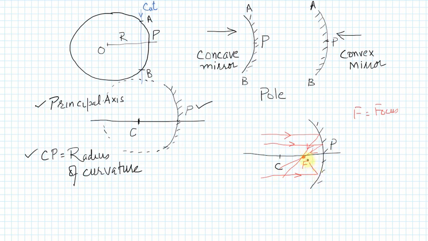It will pass through this focus, and this F is the midpoint of CP, such that PF equals FC. And this distance between P and F is called the focal length, represented by small f.